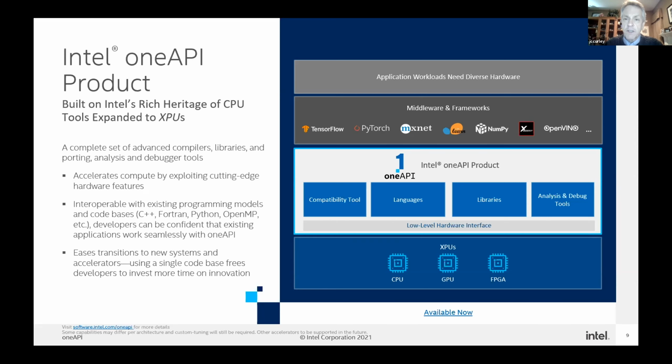And XPUs are accelerated processing units, wherever that acceleration may exist, in the CPU, attached physically, attached through a coherent bus, or attached in I/O space. All of these XPU architectures can be supported through the model that we have with Intel's oneAPI product.